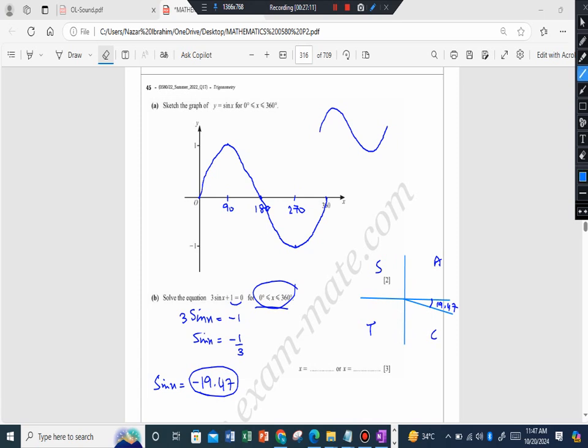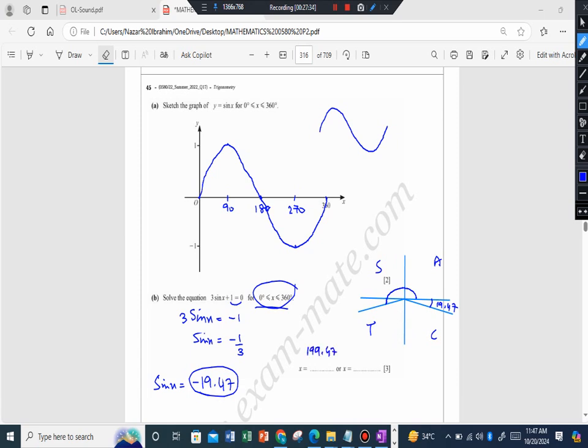So this is the third, this is the fourth. In order to calculate the first angle, this will be my first angle, which will be 180 plus 19.47, right? 180 plus 19.47, I'm getting 199.47. So my first angle is 199.47.